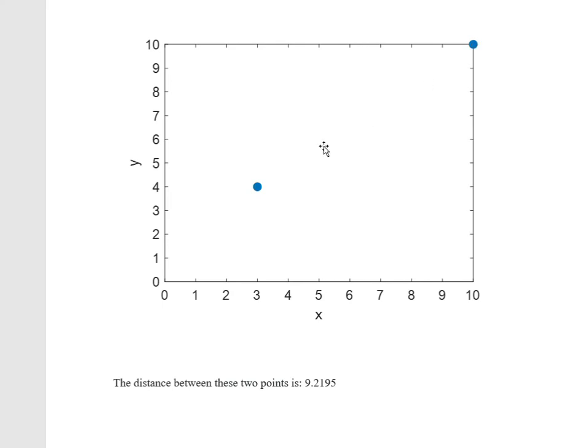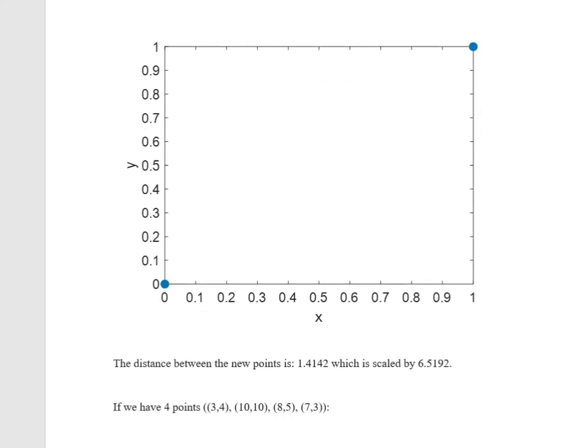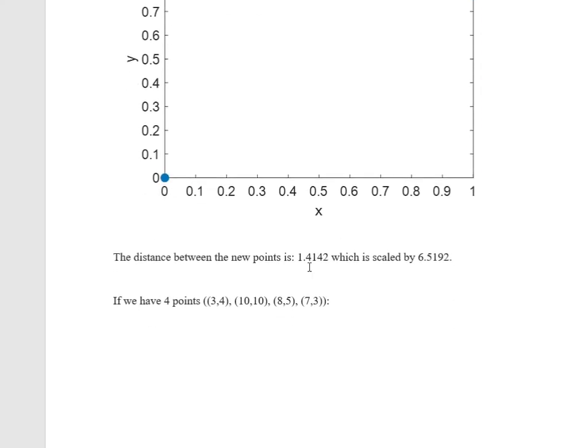For example, we have just 2 points, which means we have just one distance. The distance between these 2 points is 9.2, and for the new points, the distance is 1.4. So this is a scale by 6.5 of the distance between these 2 points.